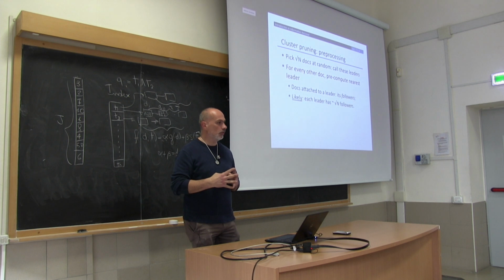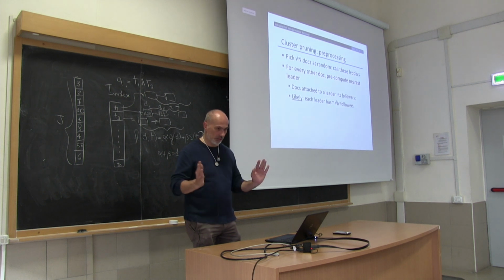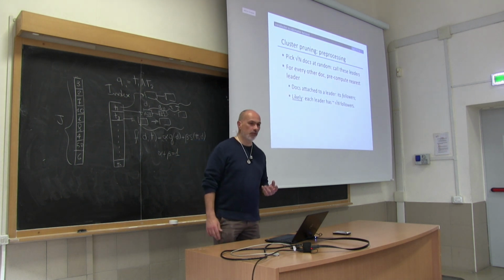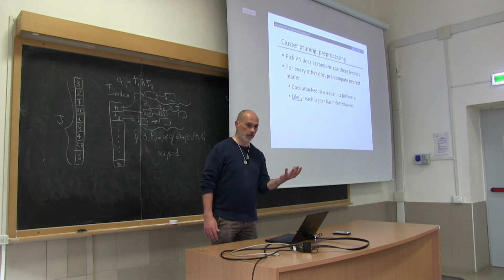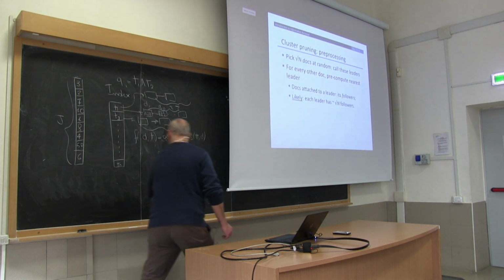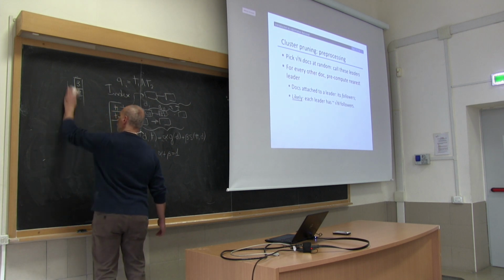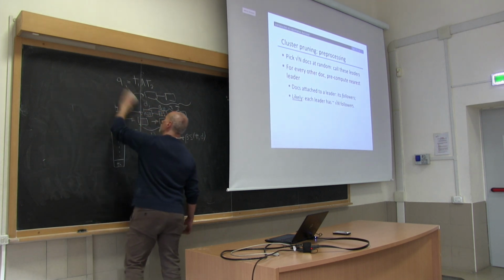So again, we want to limit the number of cosine computations that we have to do. And we do the following. We leverage the vector space model. So what is a document here?